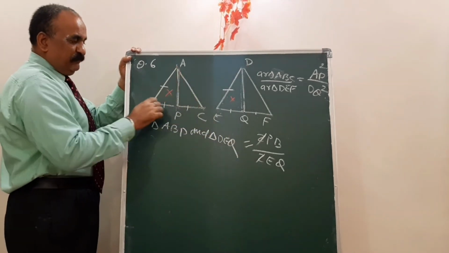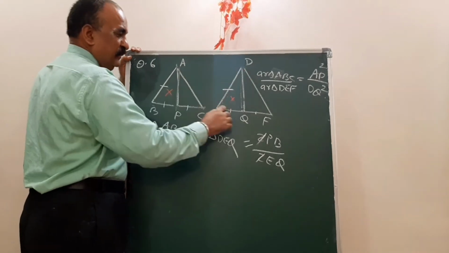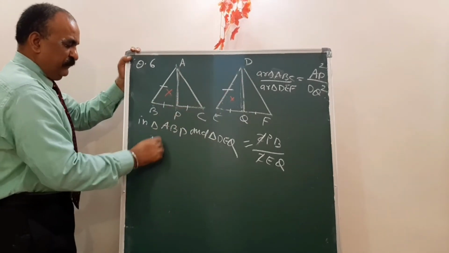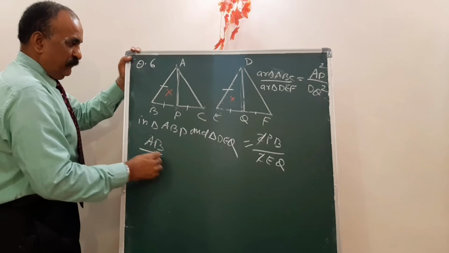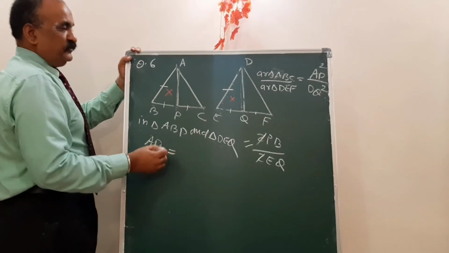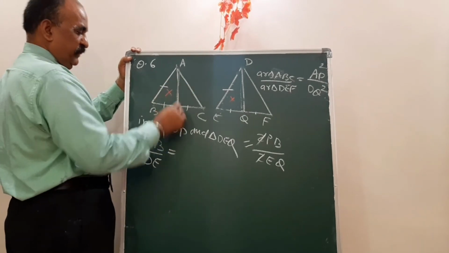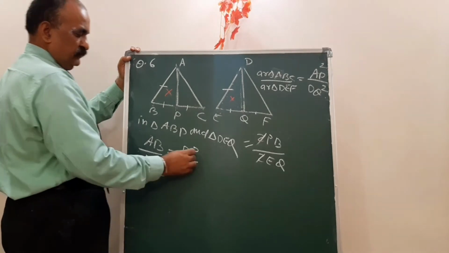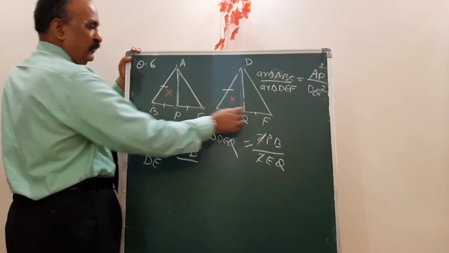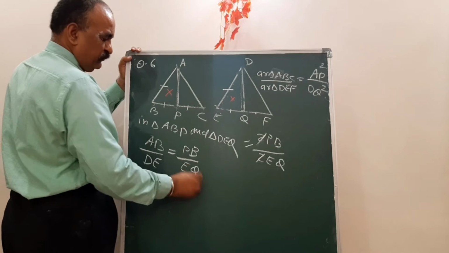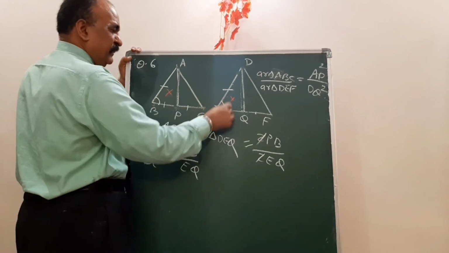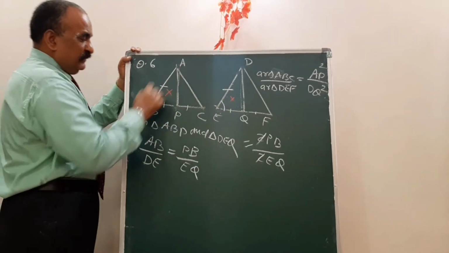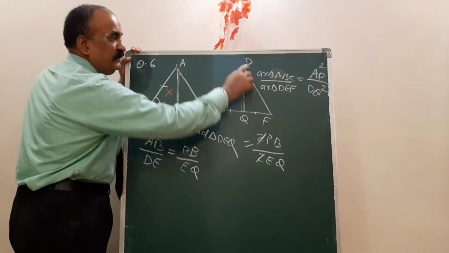In triangle ABP and triangle DEQ, see AB upon DE is equal to PB upon EQ, and this angle is equal to this angle, as triangle ABC is similar to triangle DEF.